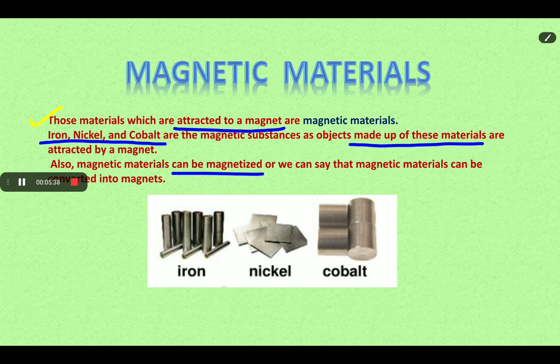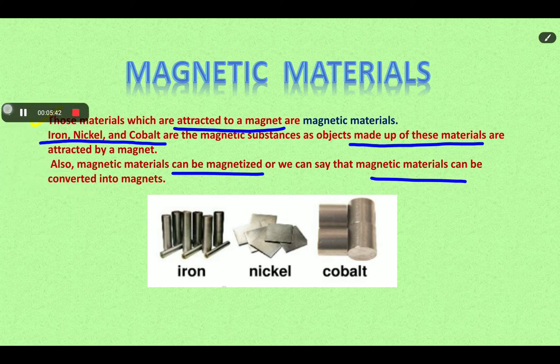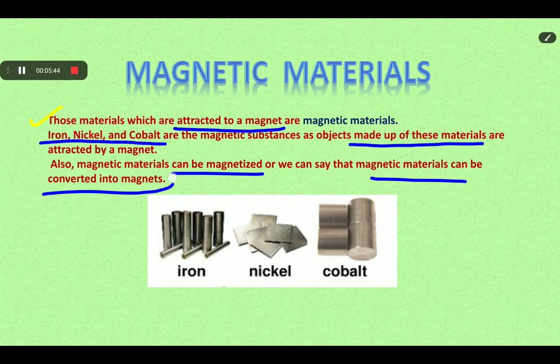Means the magnetic material can be converted into the magnet. So we can say that the materials that are made up of either of iron, nickel or cobalt can be magnetized, means can be converted into the magnet. These are some examples of the ferromagnetic substance.